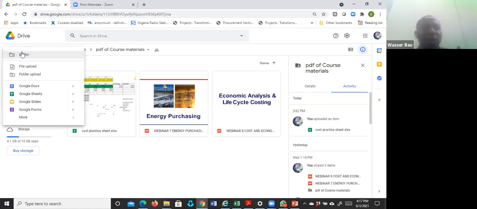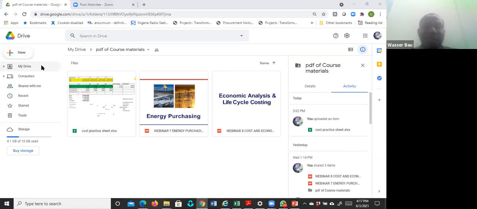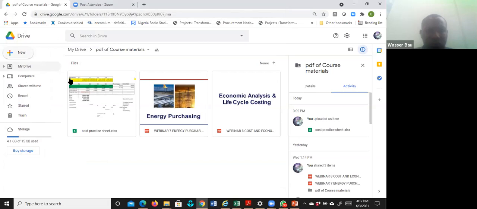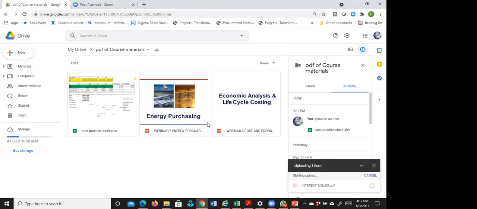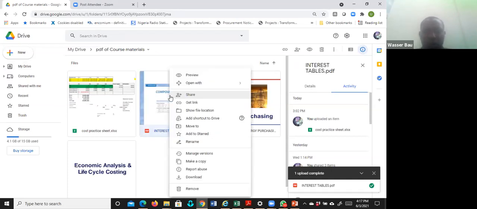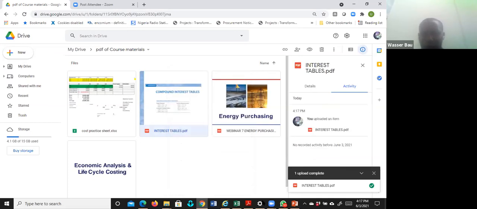So let me quickly upload the interest table. Please download the interest table now and open it. Find somewhere very important and open it. It's uploading, and after uploading I will also share the link on our chat box.